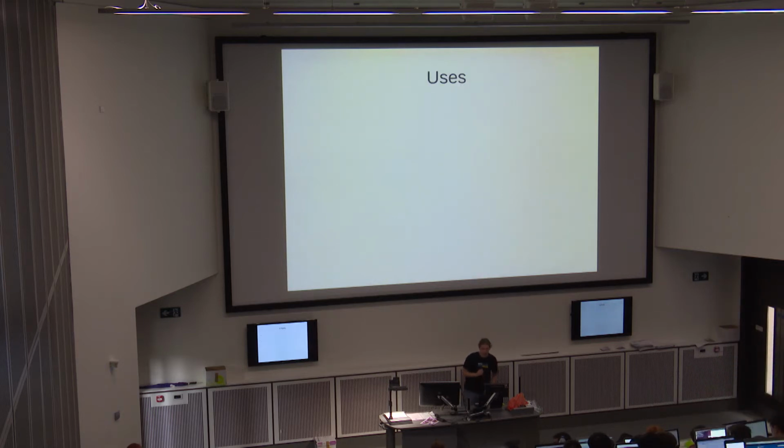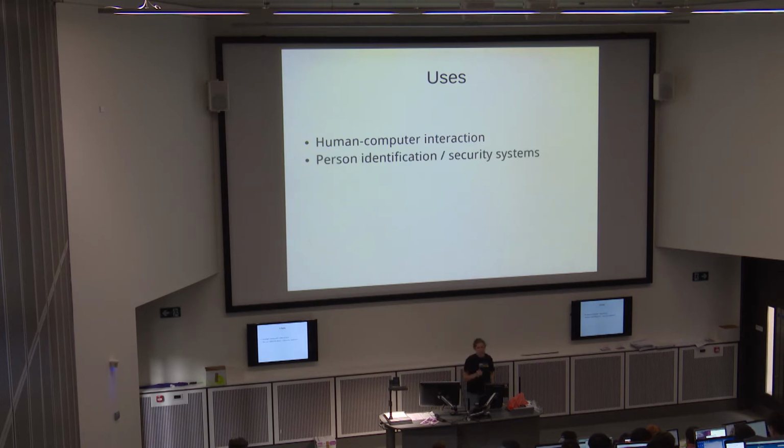Okay, so what are the uses of face detection and recognition? One of them is human-computer interaction. So you sometimes want computers to understand when they have a person in front of them. Person identification and security.